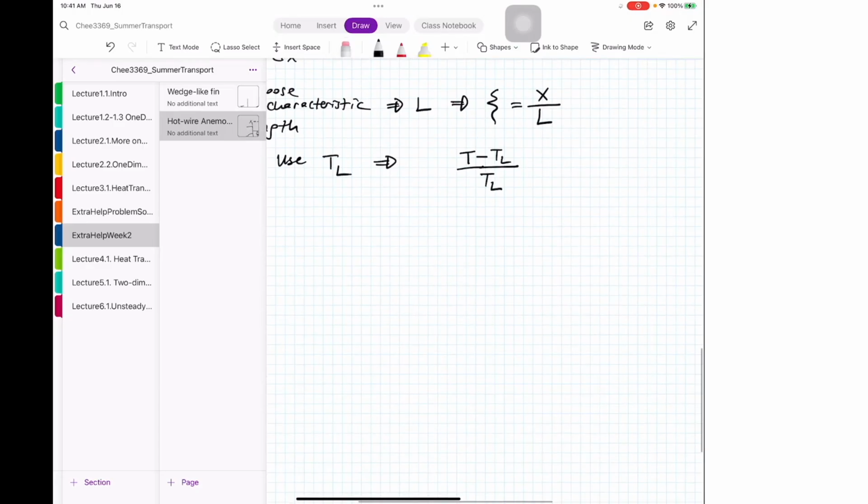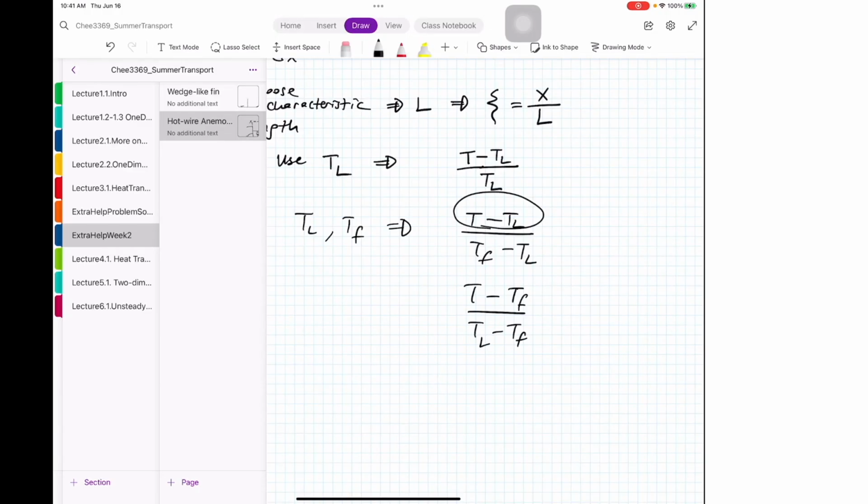If I had TL and TF differently, I would be choosing something like T minus TL divided by TF minus TL, or maybe T minus TF divided by TL minus TF, depending on whether I have the T minus TL or T minus TF in my equation. But since that's not the case, I'm not using those.